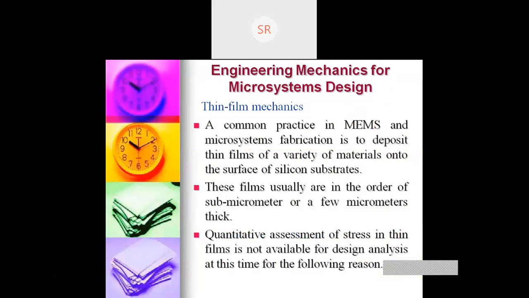This thin film can be from submicrometer to a few micrometers, and in many cases they are expected to carry load. As a result, there is a stress falling onto the thin film, and my interest is to analyze or determine the stress falling on the thin film.